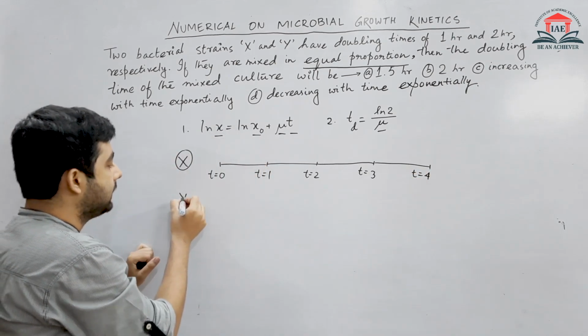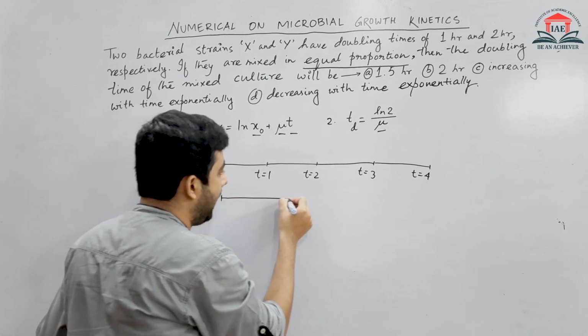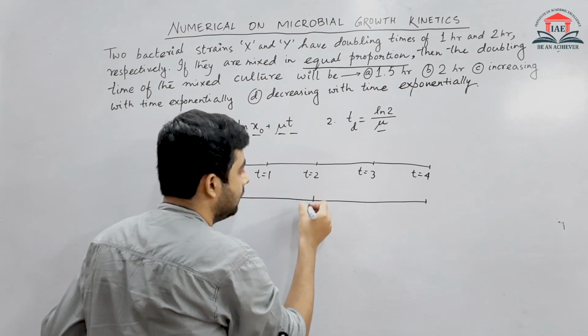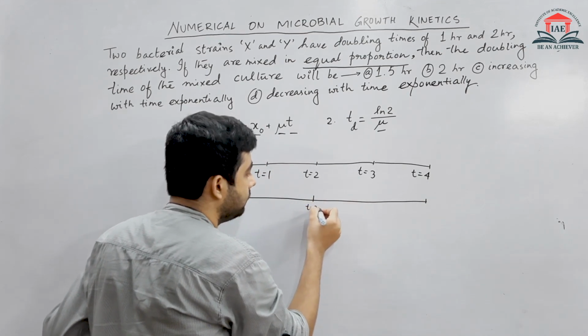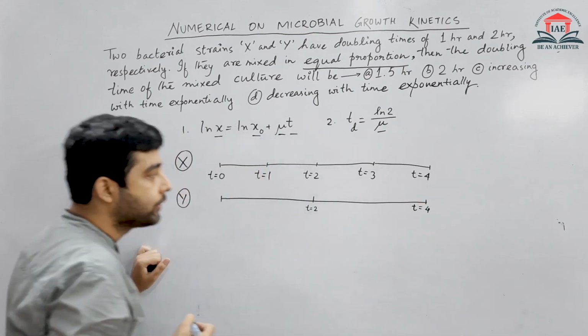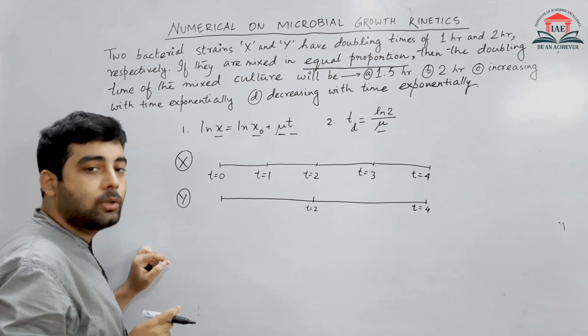For the Y bacteria, just to have a parity, this is T is equal to 2 and this is T is equal to 4. Now they have mentioned that both the bacteria are mixed in equal proportion.